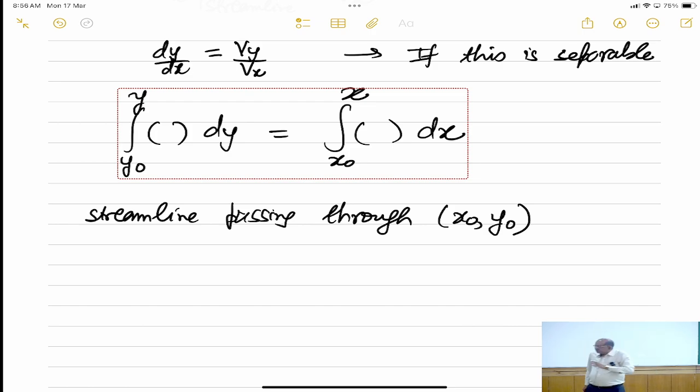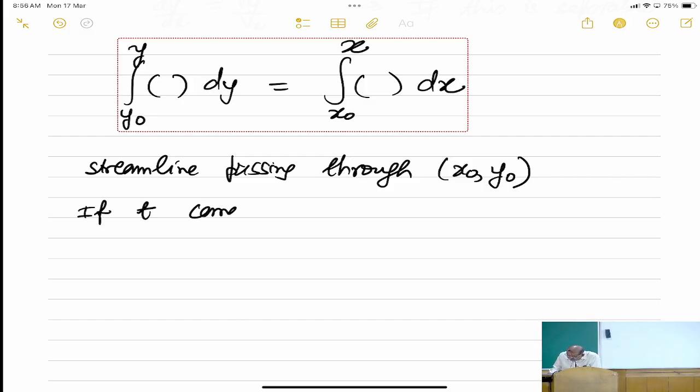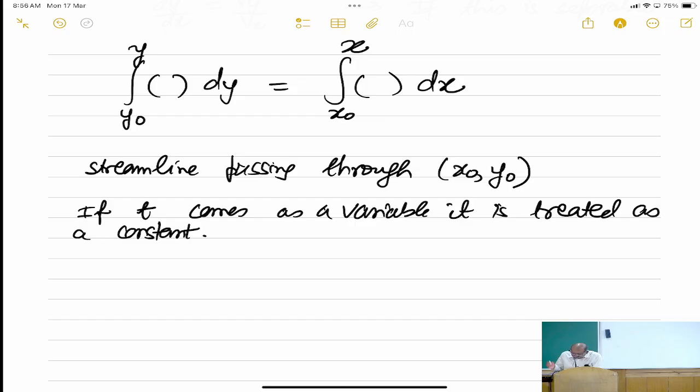Now here, if t comes as a variable, if the flow depends on time, then time is treated as a constant because you get streamlines at different times. So the time will play a role.